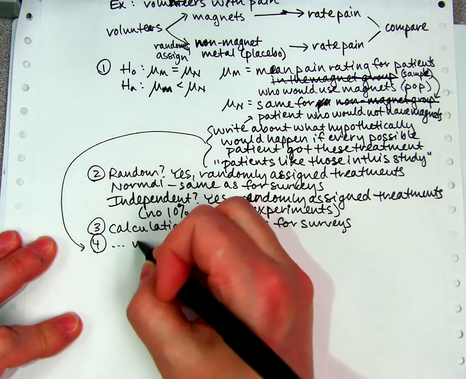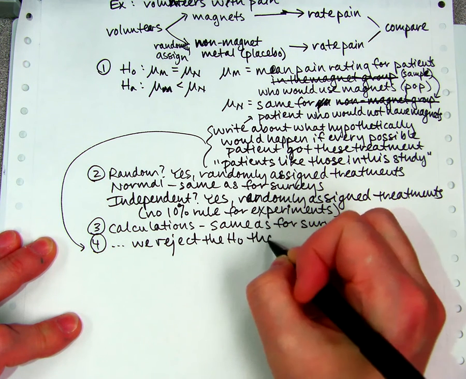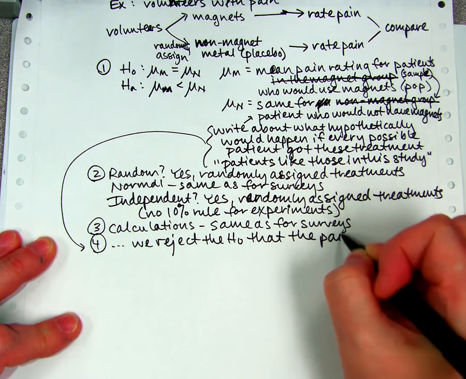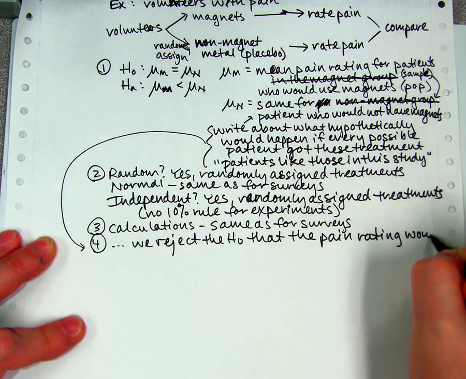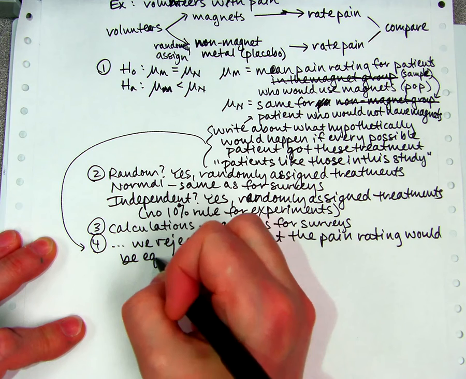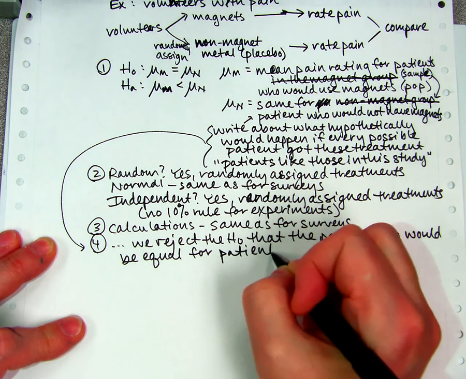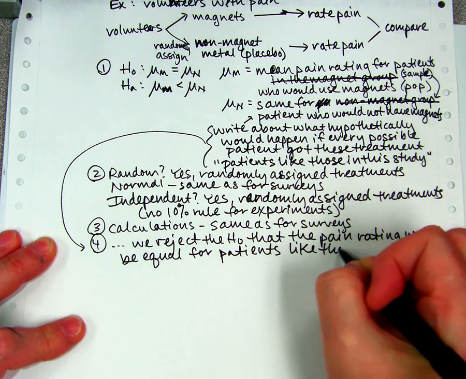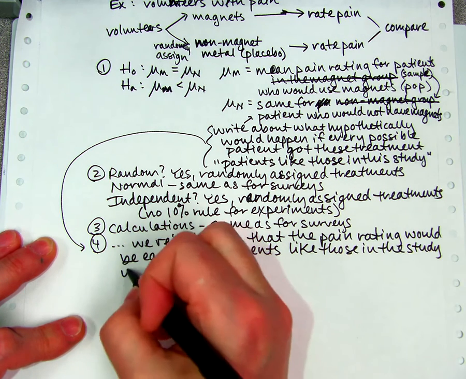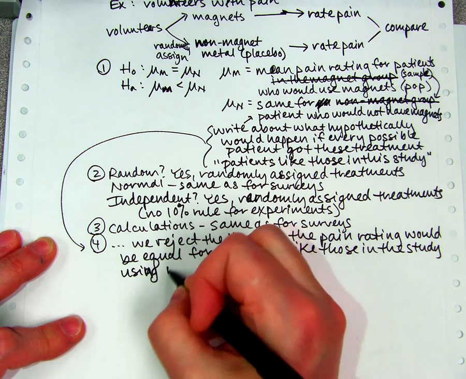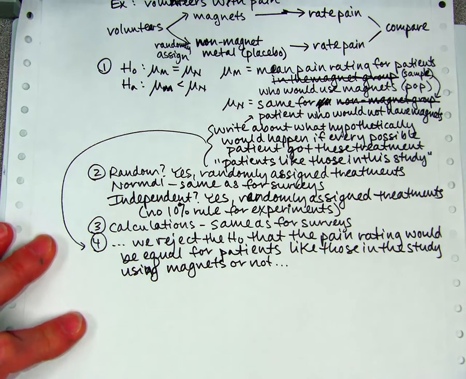You might say something like, we reject the null that the pain rating, once again, we want to use that word, would be equal for patients like those in the study using magnets or not. Something like that in your conclusion.